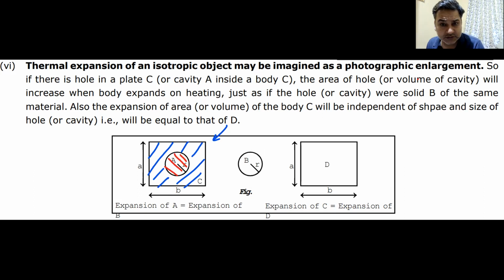Yes or no? Now the question is, what will happen to the hole when the body expands? If I heat up this body, if I increase the temperature of this body as a whole, what will happen to the hole? Does the hole increase in area or does the hole decrease in area? The same question could be asked for a cube.